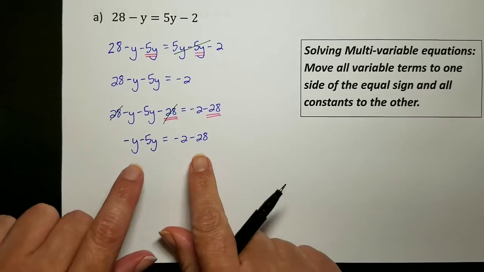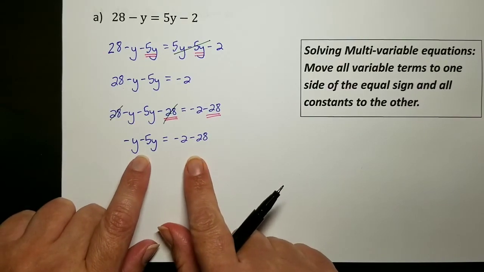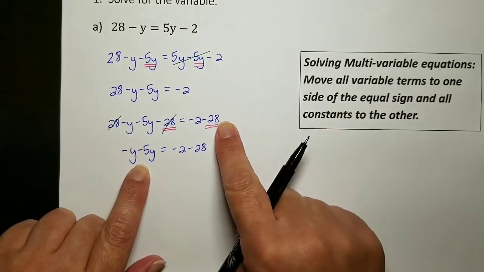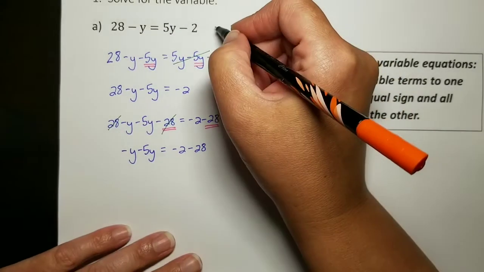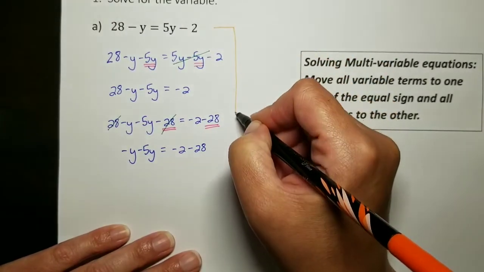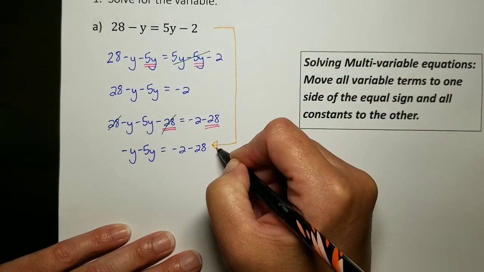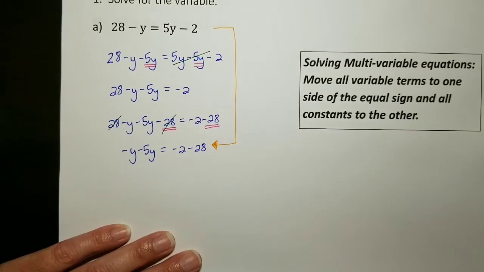Now, normally I would skip right to this step. I wouldn't actually show these 3 steps up top, but I want you to see what we're actually doing. So we're normally going to go right from the question down to here. So just kind of a one-time thing to show you what we're actually doing.